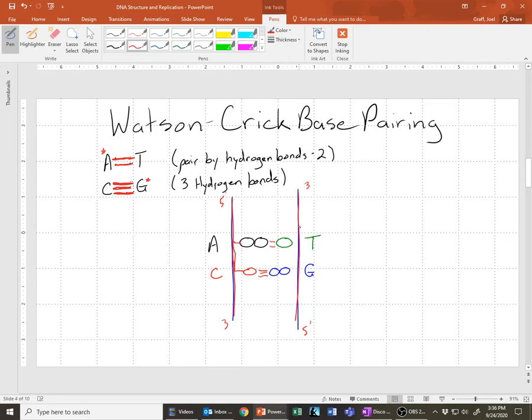Again, we're not going to worry too much about the names of those, but the main point I wanted to show here is that there is basically 3 circles between the strands, between the riboses. And so 1, 2, 3, 1, 2, 3.